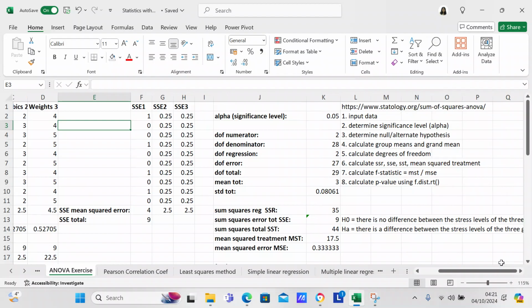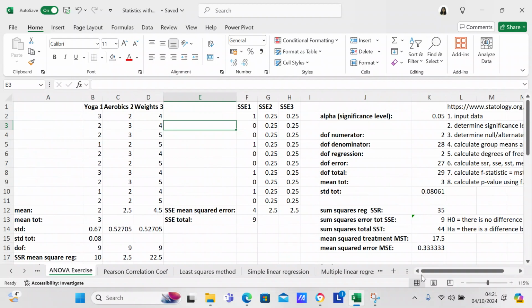And the alternate hypothesis is that there is a difference between the stress levels of the 3 exercise groups. So we've determined our null hypothesis and our alternate hypothesis.